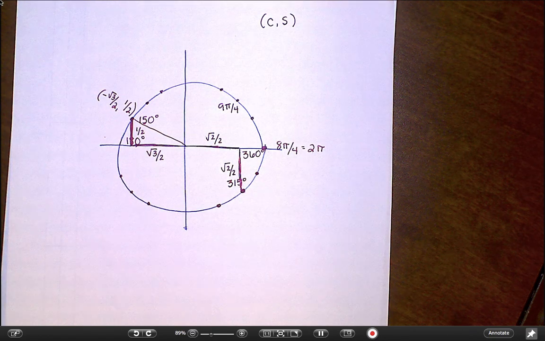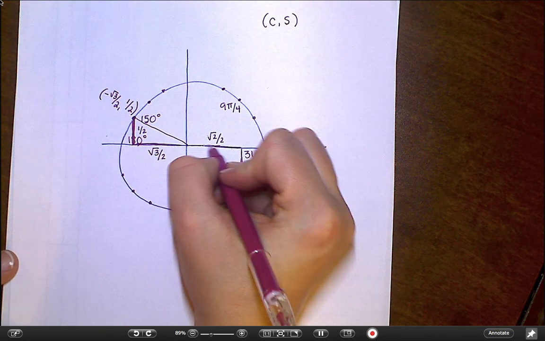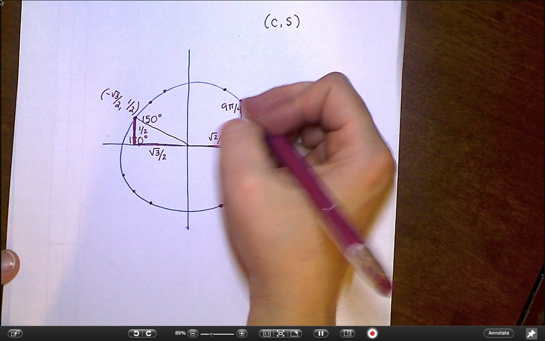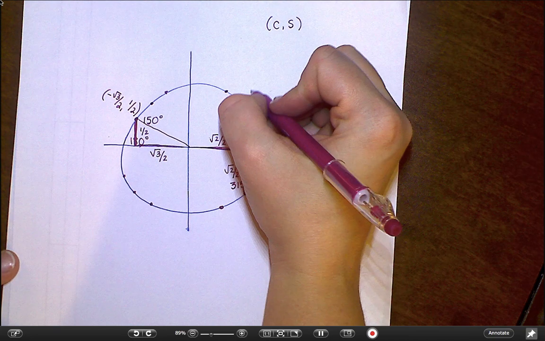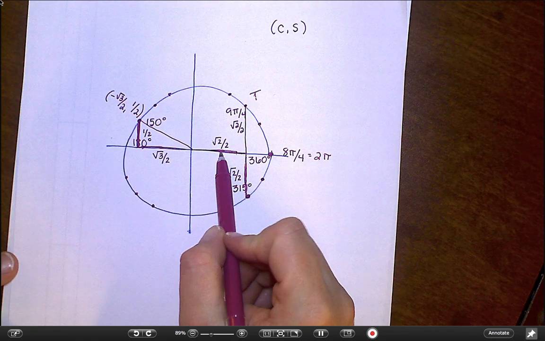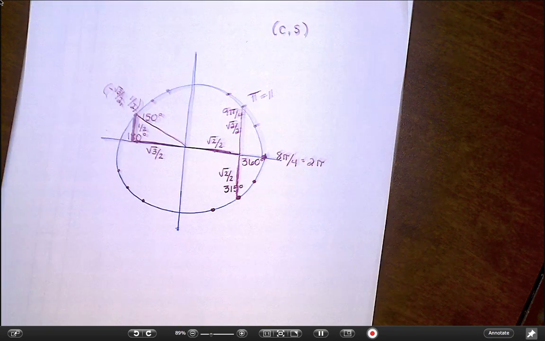All right, now let's talk coordinates. I want the tangent. Now this would be another one where the two sides are exactly the same. It would be a square root of 2 over 2 and a square root of 2 over 2 for the sine and cosine. Remember, I want the tangent, which is the sine divided by the cosine. These ones I encourage you to just kind of memorize, but the tangent here would be 1.